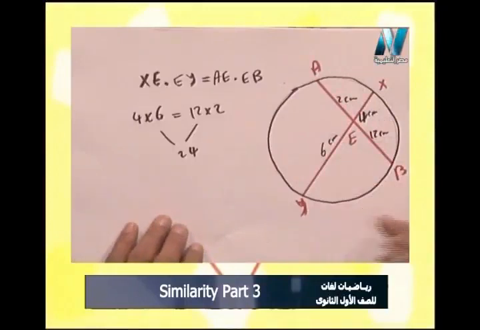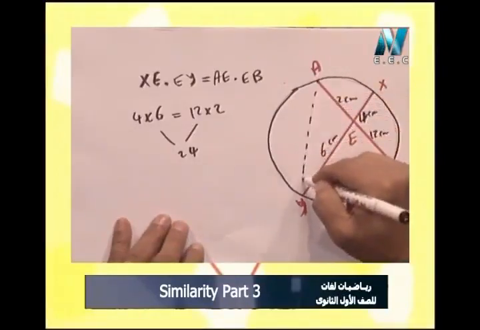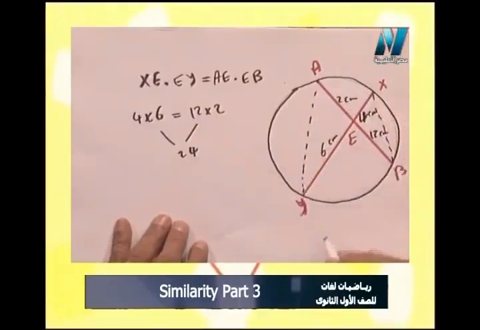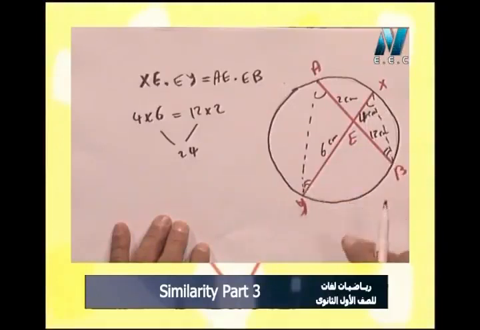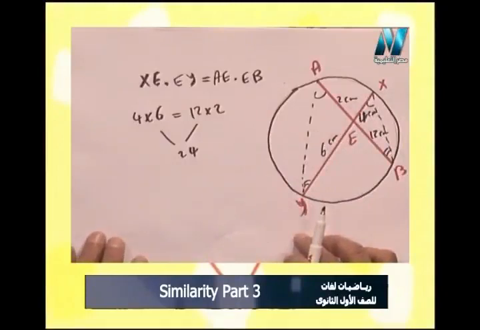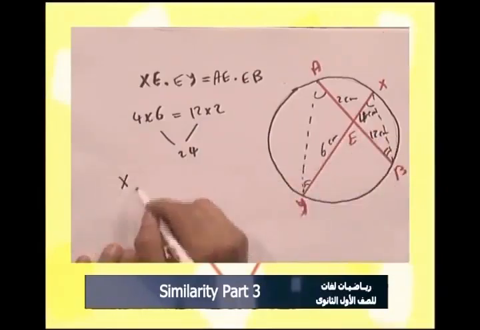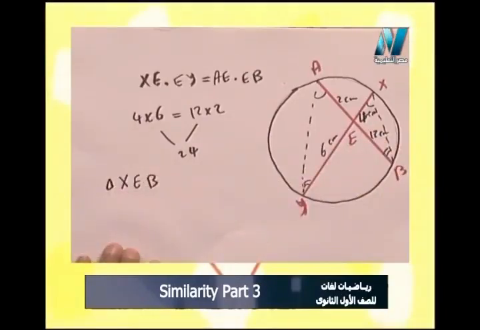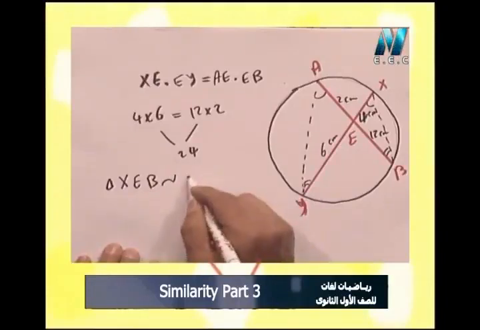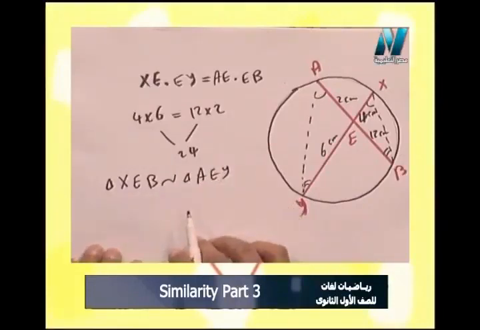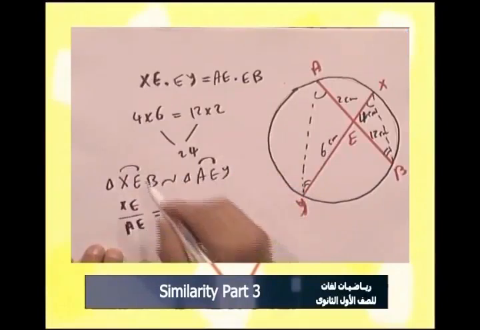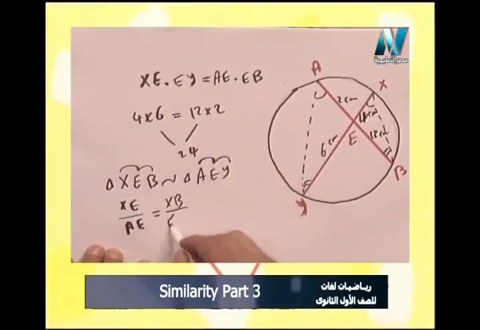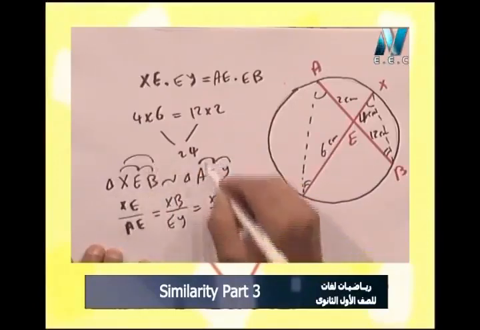If we join this part and we join this part also, we will find easily that the measure of angle A equals the measure of angle X, and the measure of angle B equals the measure of angle Y. So these two triangles are similar, and we can write them as follows. Triangle XEB will be similar to AEY, and it's easy to find that XE over AE will be equal to XB over EY, which equals XB over AY.